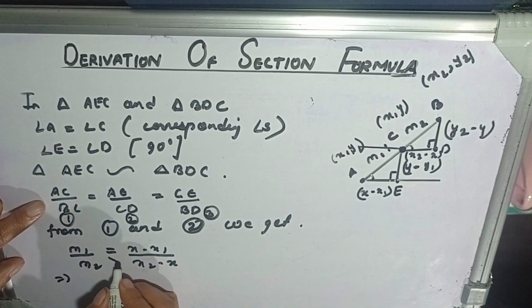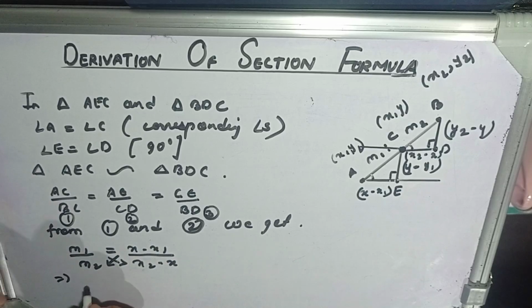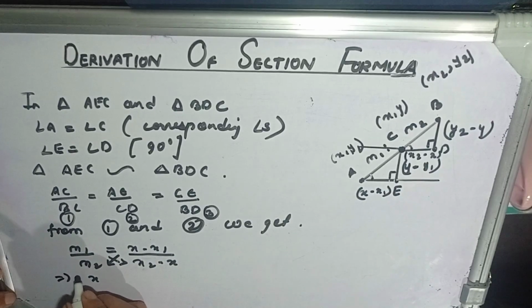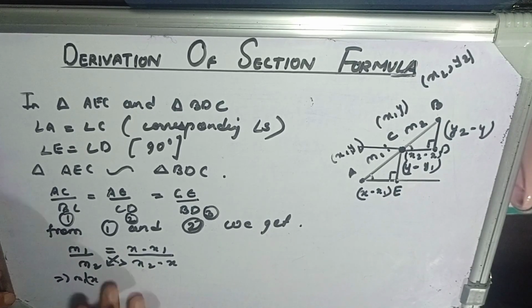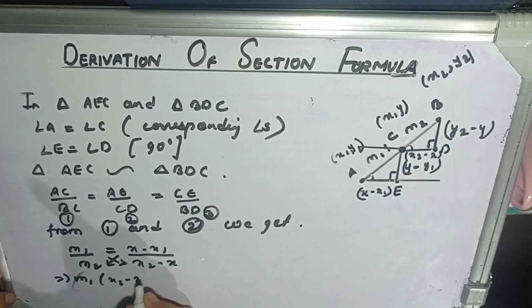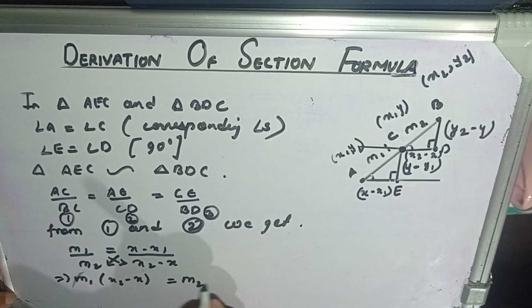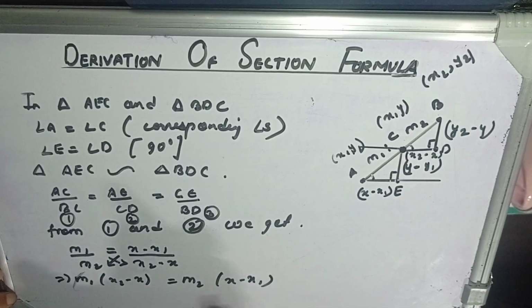So by doing cross multiplication, m1 times x2 minus x equals m2 times x minus x1.